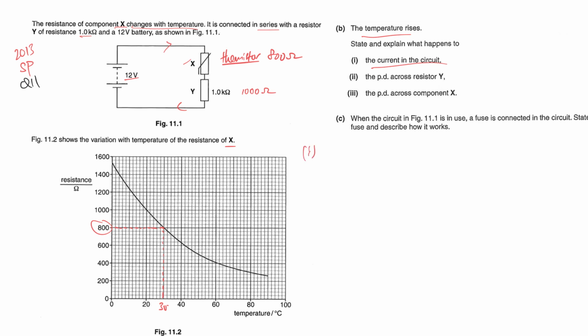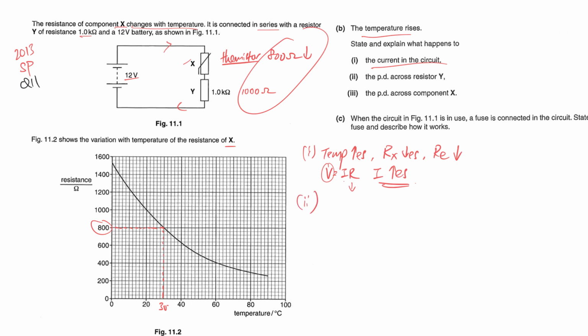For part 1, as the temperature increases, the resistance of X decreases, and the total effective resistance of the whole circuit will also decrease, because if this one drops, the total effective resistance, which is the sum of both, drops. Using V equals IR, since the V is the same and your total resistance decreases, therefore your current increases. So that is for the first part.